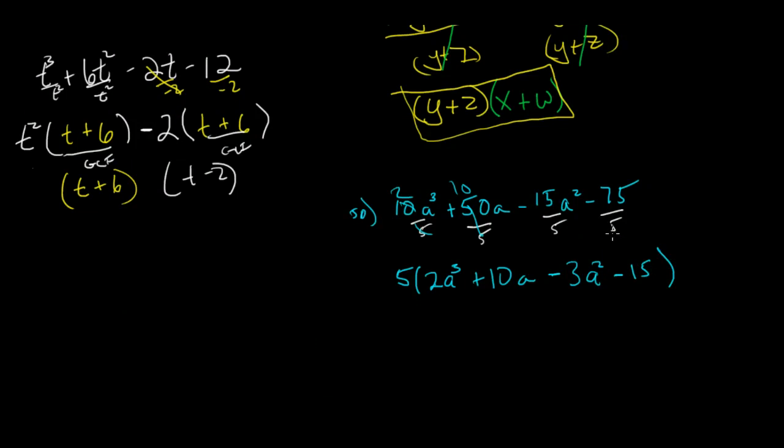Alright. Now here's where it behooves us to ask the question, is our polynomial prime, or do I have greatest common factors? At this point I ask myself, can I still factor by grouping? And it looks like I can. It looks like the first two terms here have a 2a in common.